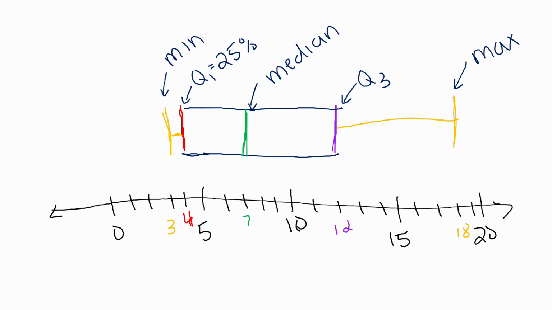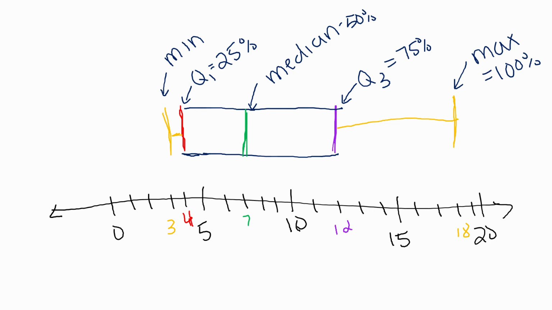The median is 50% of our data, and quartile 3 is 75% of our data. Our maximum is 100% of our data. Our minimum could be 0% of our data, but we're not really worried about that.